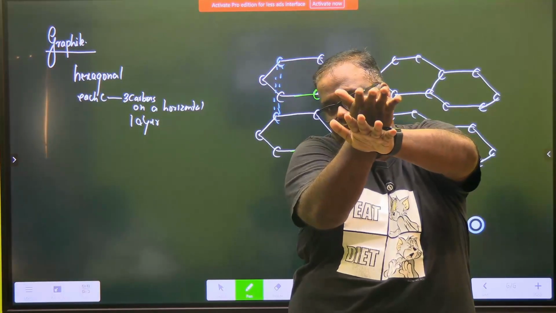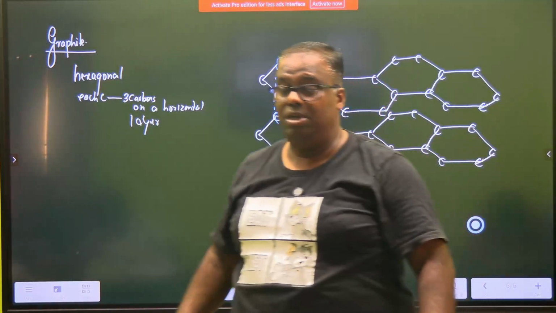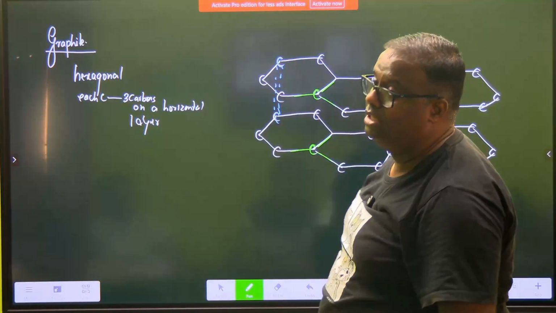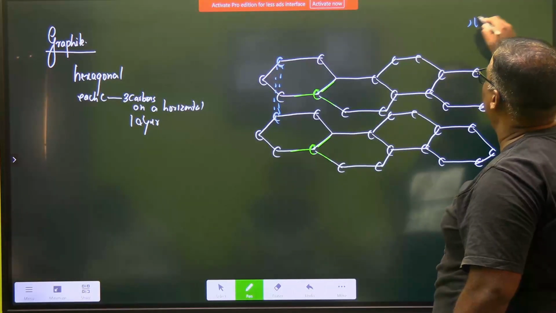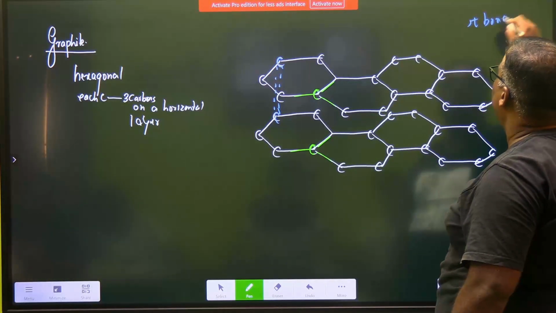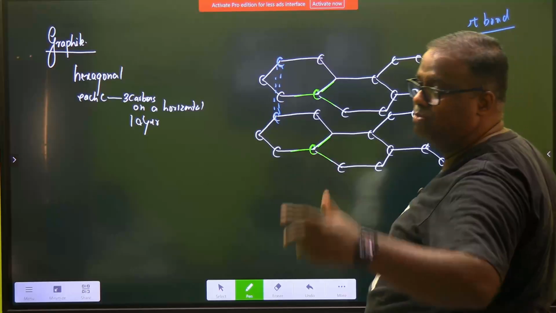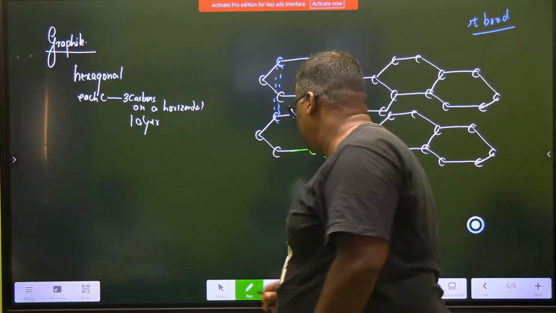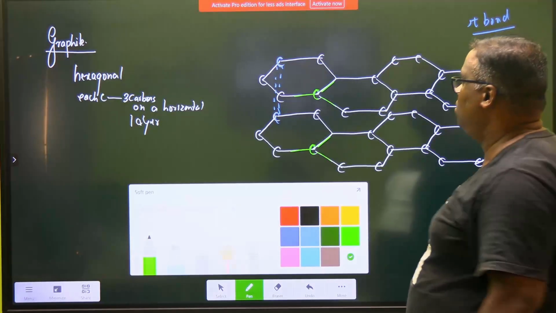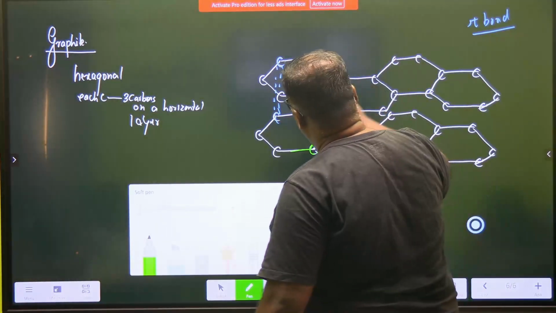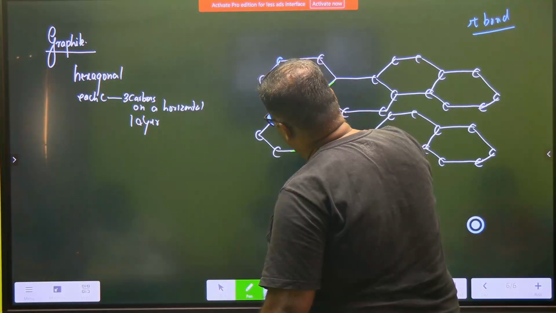They also make a bonding between them. But this bonding is not head-on. This is a sidewise overlap. This bond is known as a pi bond. Pi bond is weaker as compared to sigma bond. Sigma bonds are very strong, but pi bonds are weaker. However, they are bonded. So similarly, this particular carbon will be bonded with this carbon.